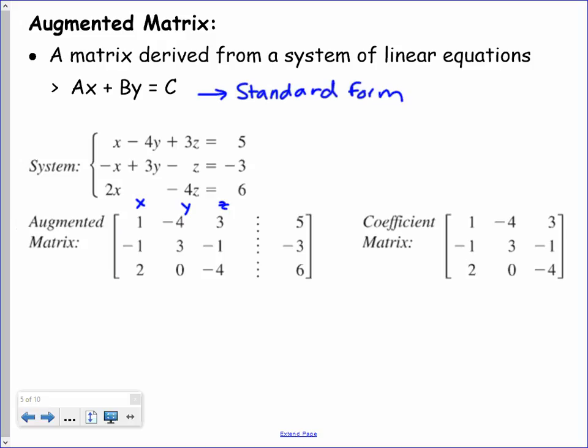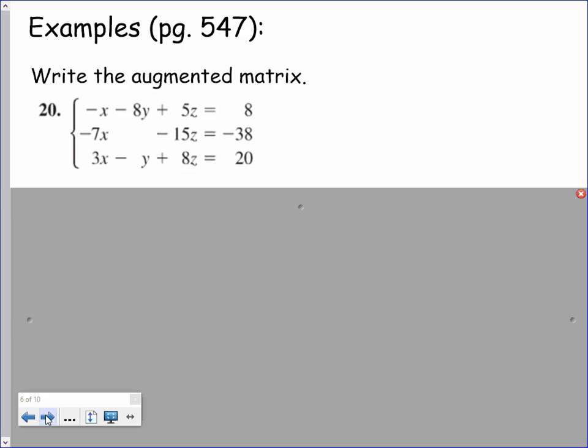Okay, so could you please write out the augmented matrix? I'll read the system again if you want to write it down into your notebook, or you could write page 547, number 20, if you don't want to write out the whole system. The first equation is negative x minus 8y plus 5z equals 8.